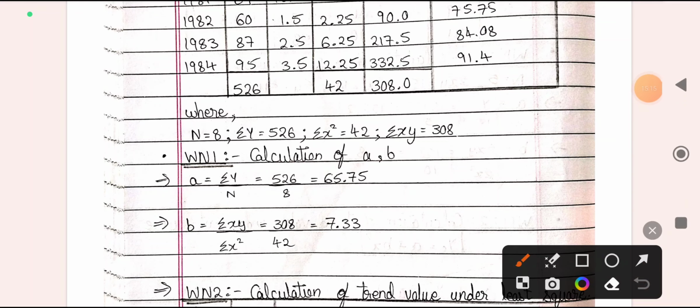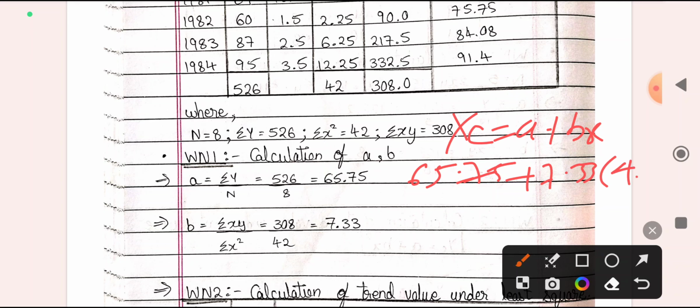So here I will write clearly: yc is equal to a plus bx, so a is equal to 65.75 plus b, 7.33 into 4.5. For the 1985 year we can take 4.5 here.